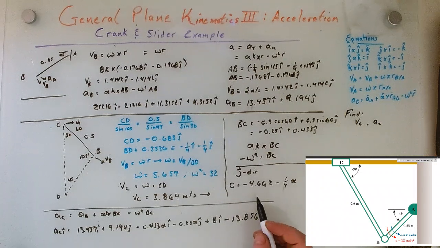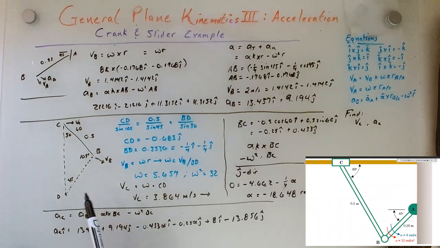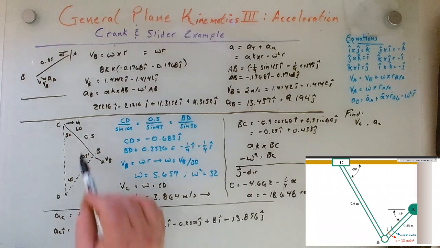Okay, so from here we just add 4.662 to both sides and then multiply it times 4, and so alpha is equal to minus 4 times this, so times 4 is minus 18.648, and so that's going to be radians per second squared, and that is the rotational acceleration of bar BC.